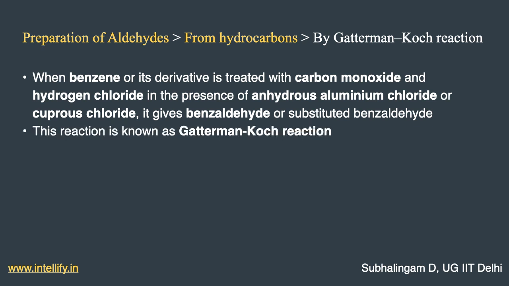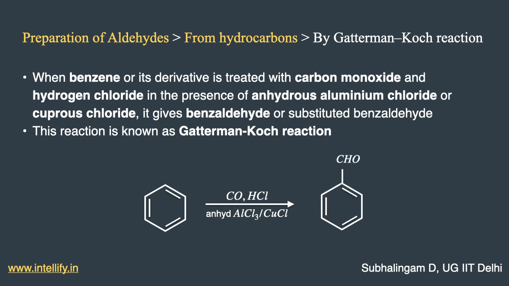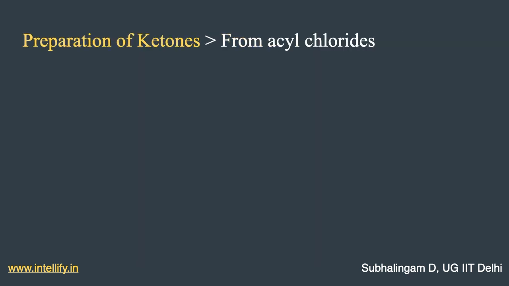This reaction is known as Gattermann-Koch reaction. For example, I have taken benzene, treating it with CO, that is carbon monoxide, and hydrochloric acid, in presence of anhydrous aluminum trichloride or cuprous chloride, I get benzaldehyde.